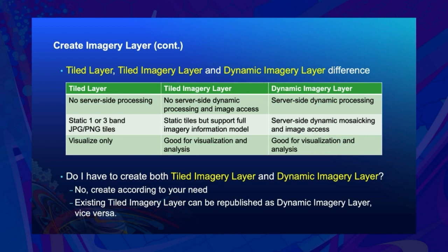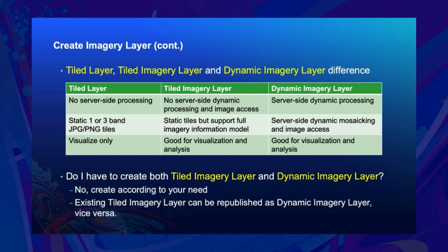What it means is it can support beyond 1 band or 3 band imagery data image tiles. It can also support different pixel types and even multidimensional data. Therefore, the tile imagery layer has the advantage of a tile layer. It's good for visualization, and it can also be used for analysis as the input for your analysis workflow.